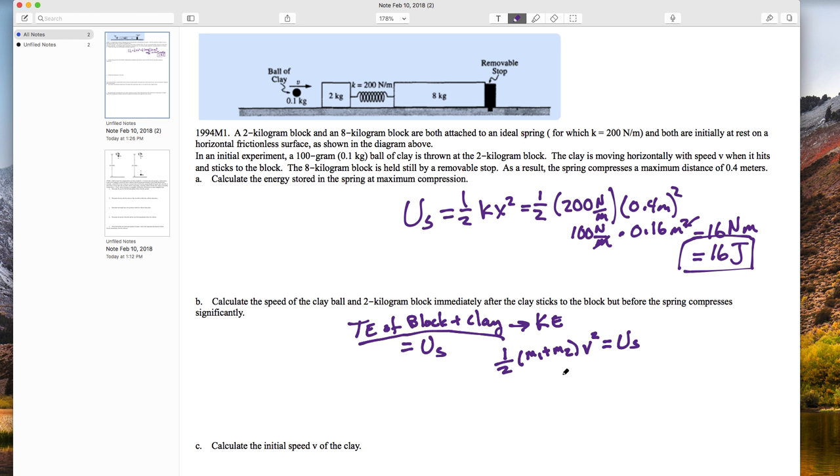So let's think about what this would entail. Well, if I plug the values into here, I get 1/2 times 2.1 times v squared equals 16.